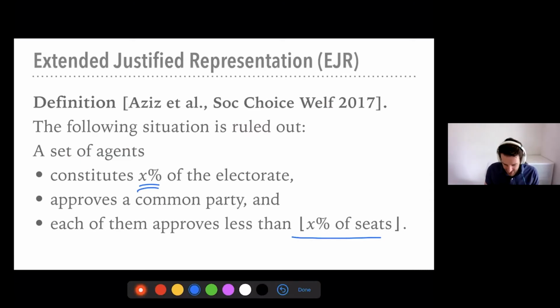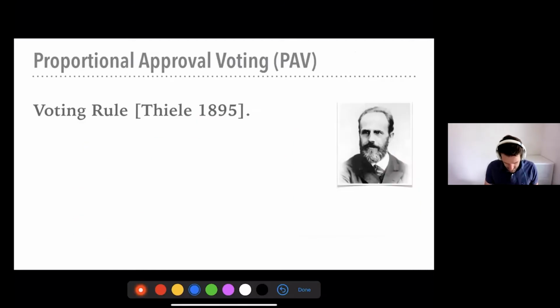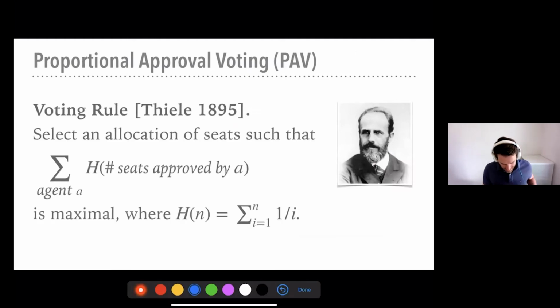Okay, so this is a well-studied axiom in this approval-based multi-winner world. And in particular, there are rules which are known to satisfy EJR. Probably the most famous one is proportional approval voting, which I will talk about here. Proportional approval voting was already defined at the end of the 19th century by the Danish mathematician Thorvald Thiele. Here's the definition. It's basically a rule that optimizes some objective function globally.